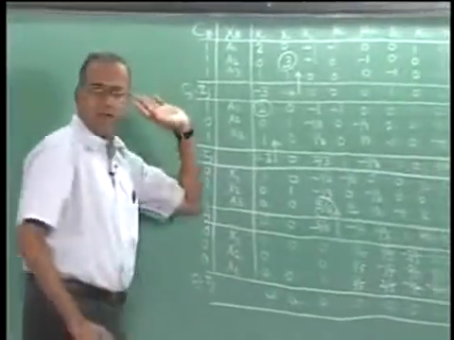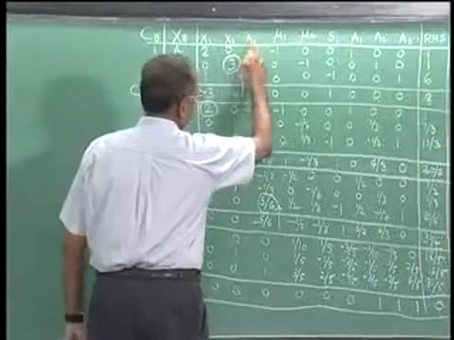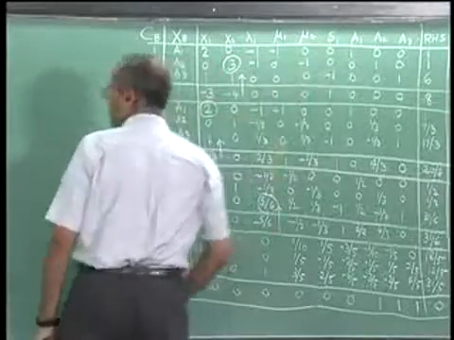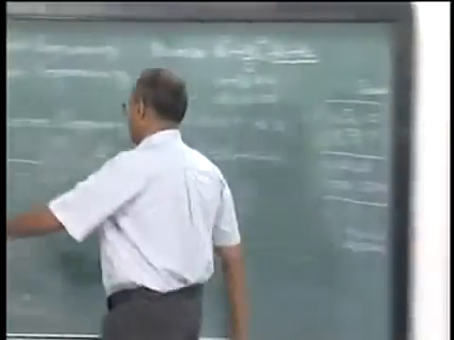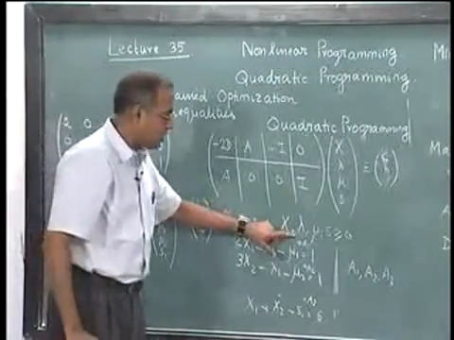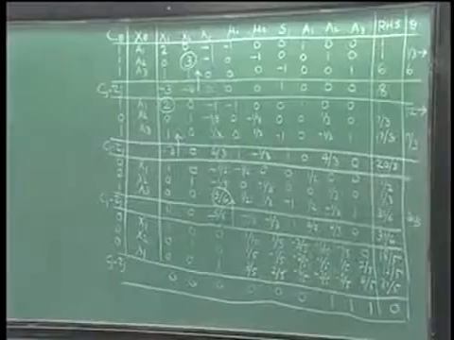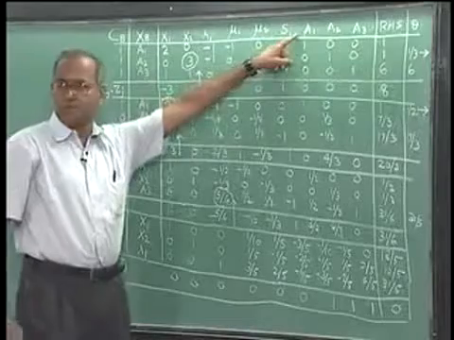This is the expanded simplex table, where we have x1, x2, lambda 1, mu 1, mu 2 and s1, which are these 6 original variables, and as I mentioned, we need 3 more artificial variables a1, a2 and a3, which are also shown here.